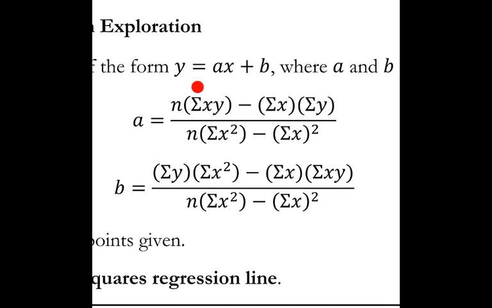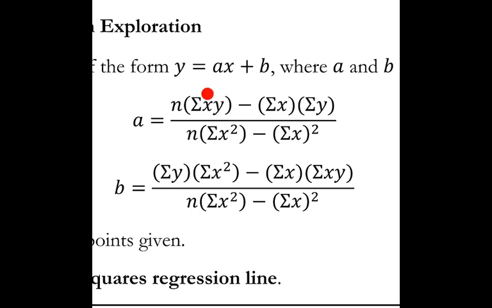In this context, it means summation. Summation just means add up your answers. So when we see this symbol, it means add up x times y. If we go back to our chart where we had our 8 data sets, this is saying the first x times the first y, plus the second x times the second y, plus the third x times the third y, plus the fourth x times the fourth y, until you get to the end of that list of 8 ordered pairs.